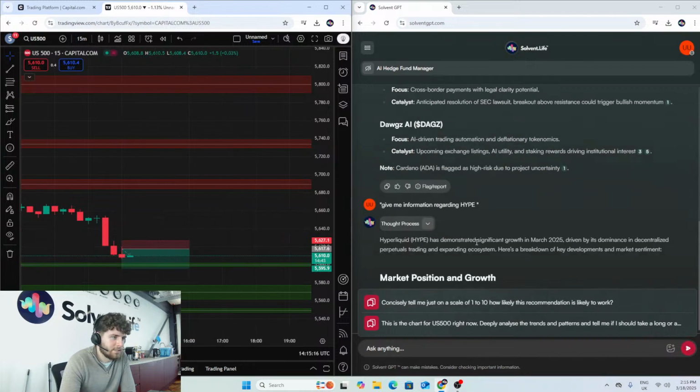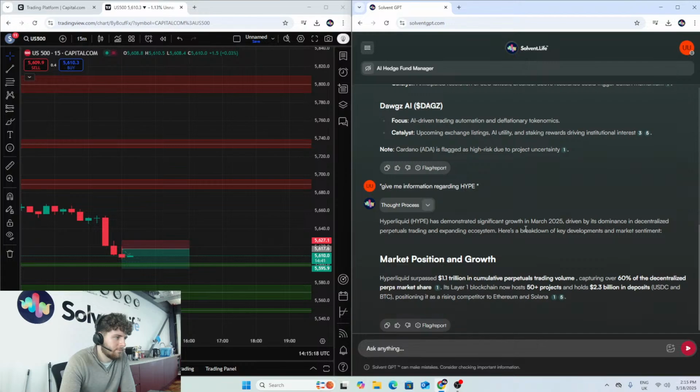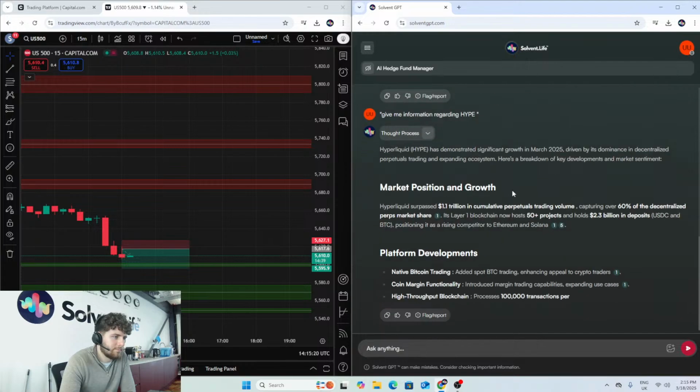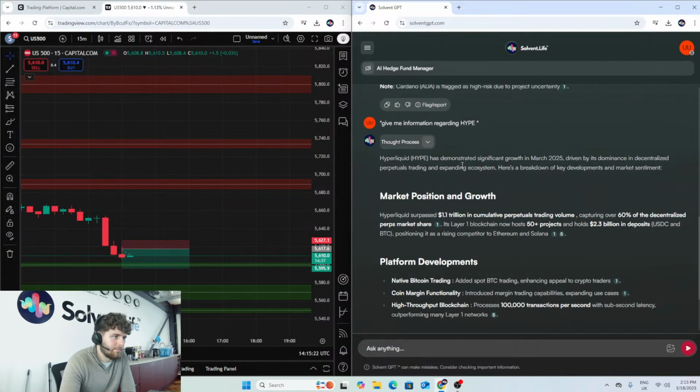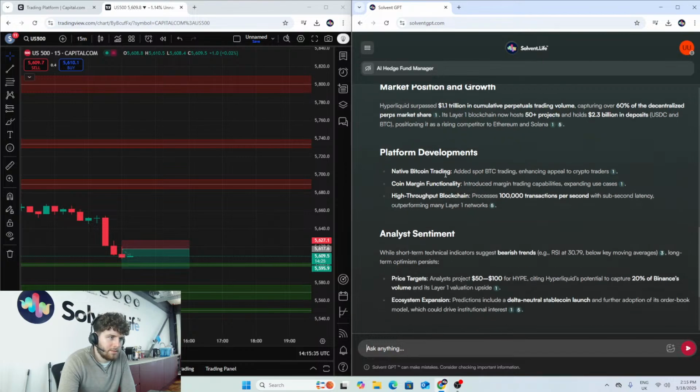It's fantastic. So Hyperliquid surpassed 1.1 trillion in trading volume, capturing over 60% of the decentralized market share.